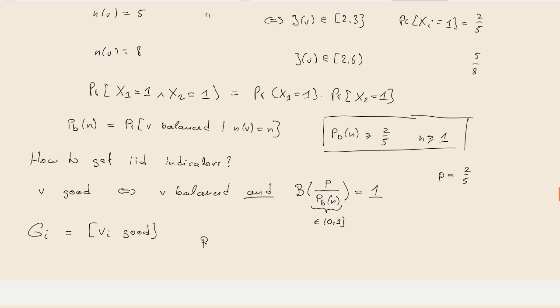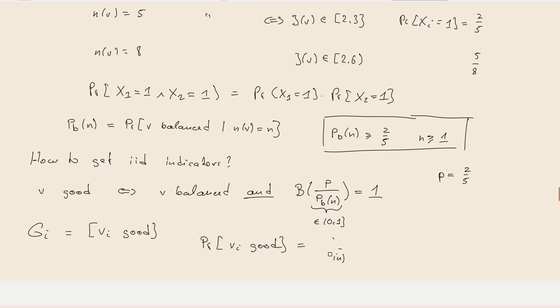Because the probability that v_i is good is the probability for this coin flip, conditional on the event that this is balanced.